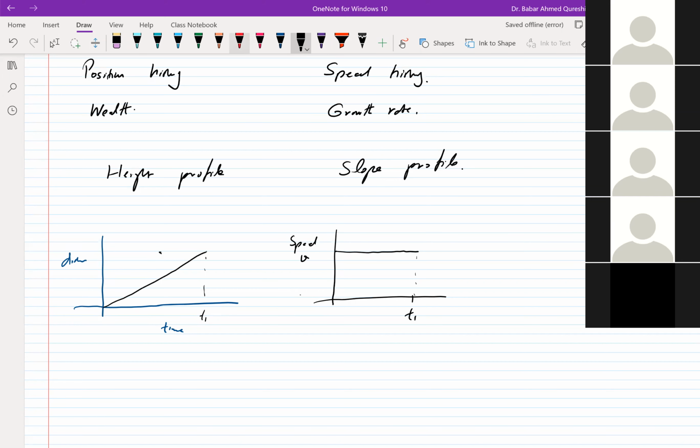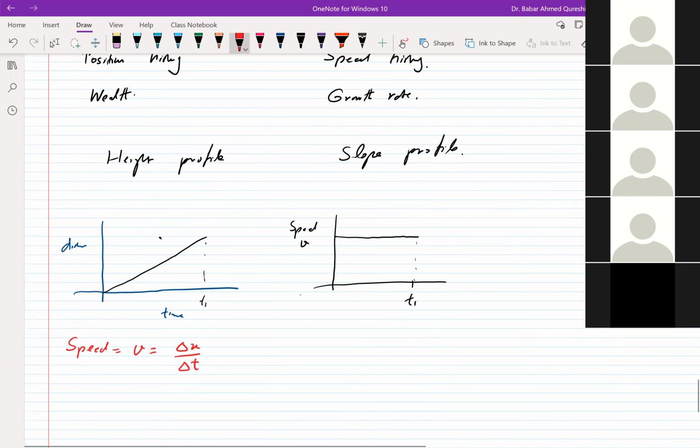Now, from elementary algebra and elementary logic, you know that the speed is just how much distance you have covered in how much time. And since it's a straight line, as we discussed, you can choose any two points, or you can do it at one point, it doesn't matter.